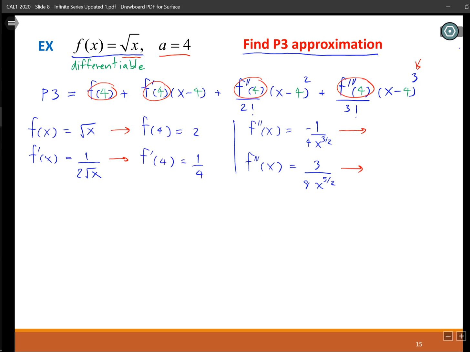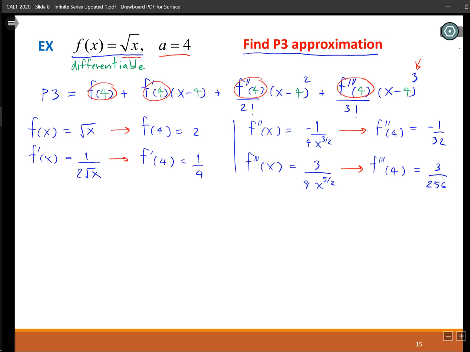Now f double prime at 4, and this would be equal to minus 1 over 32. All right, and then last one, f triple prime at 4 would be equal to 3 over 256.